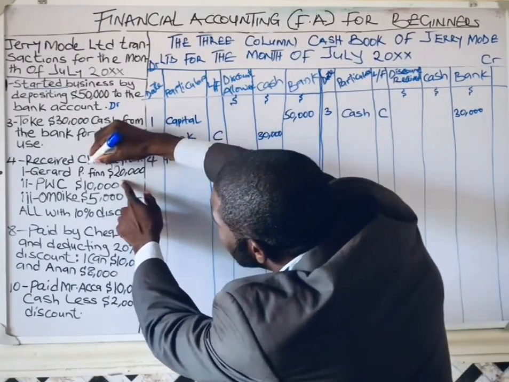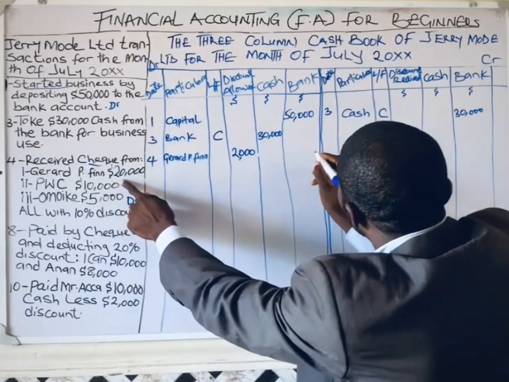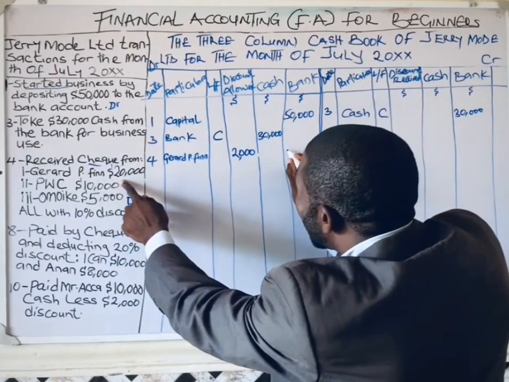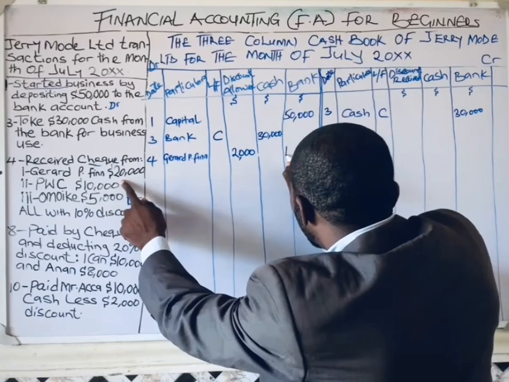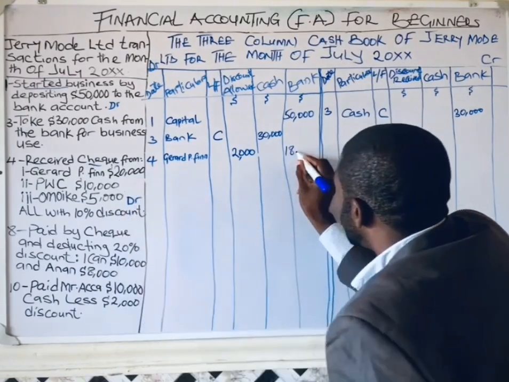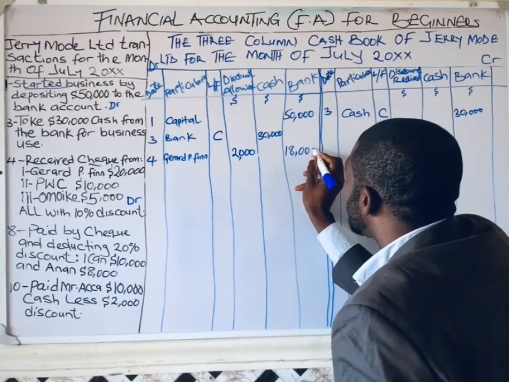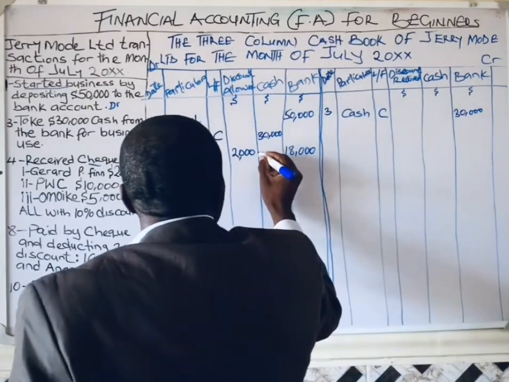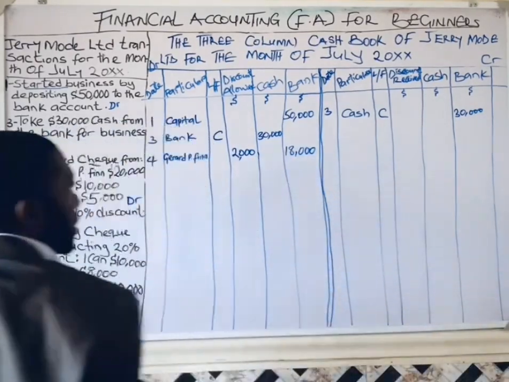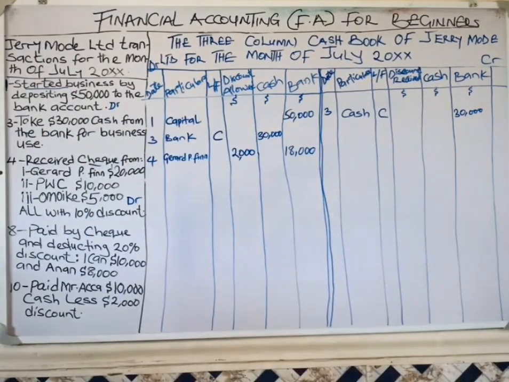But don't forget, it is in check. So you go to your bank column. So we are receiving a check of $18,000 since we have allowed him $2,000. Simple as that. And that is how we are going to do it for the next customer and to the end.